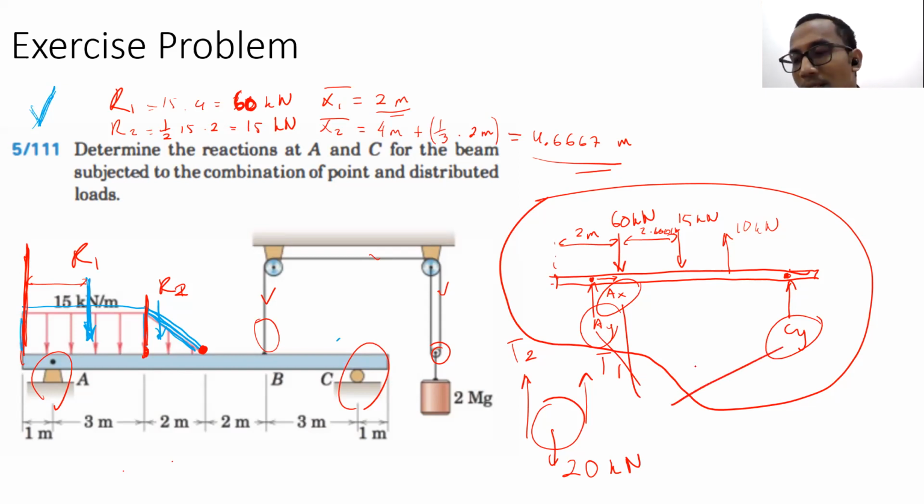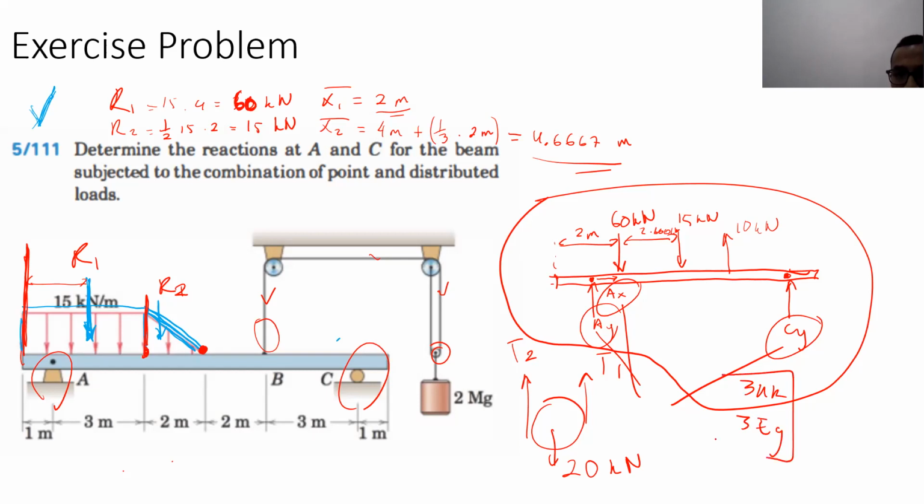So as long as the one in question is an external force, you can do what I taught you. For this one, you can use three equations with three unknowns. Then you can solve for sigma Fx, sigma Fy, and sigma moment, to find AX, AY, and CY.